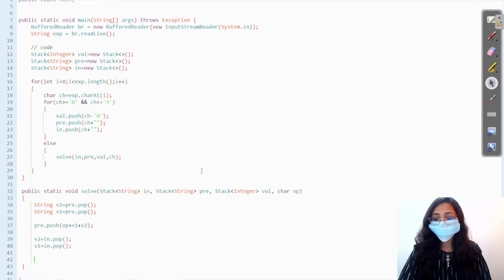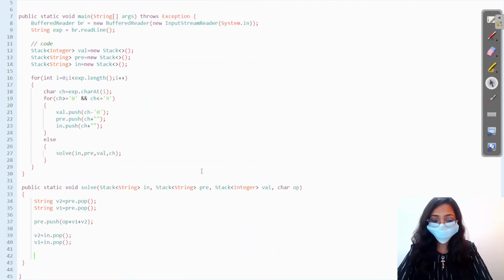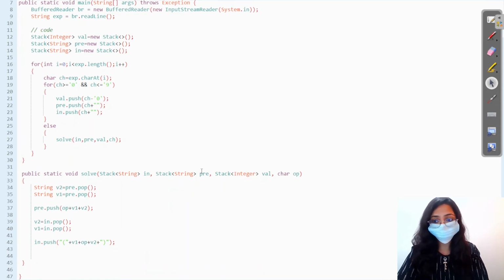So when we were working with infix, what we were pushing was first an opening bracket, right? Then value 1, then operator, then value 2, and then a closing bracket. So this needs to be pushed onto the infix stack.